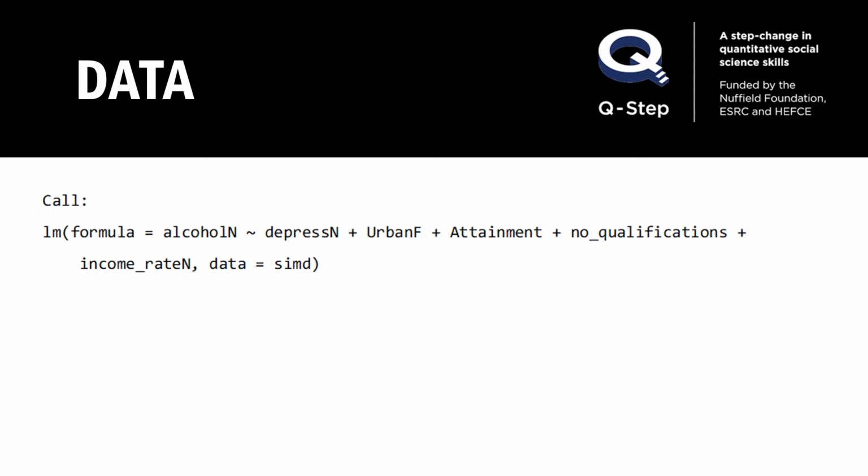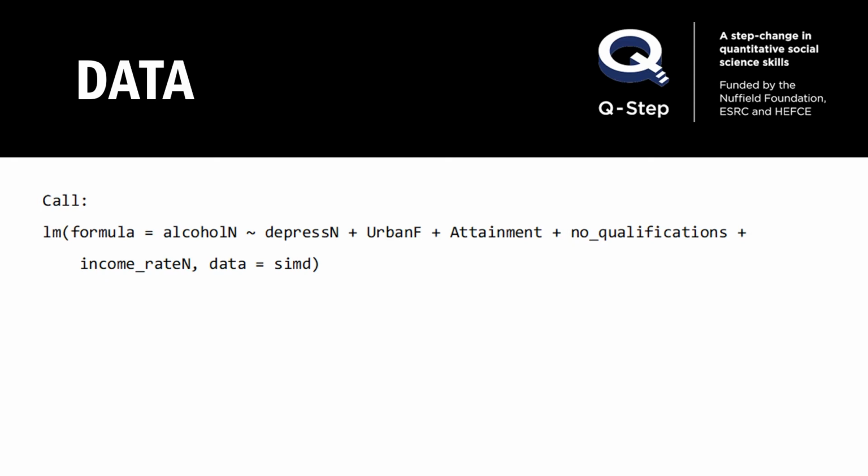Just as a quick reminder, if you haven't watched the prequel tutorial, we had the alcohol variable as the outcome, which is the standardised ratio of alcohol-related hospital stays in each data zone in Scotland. Our first predictor was the depressed variable, which is a percentage of people prescribed mental health medication. Our second predictor was the dummy urban variable, which is analysing the effect on urban data zones over rural data zones.